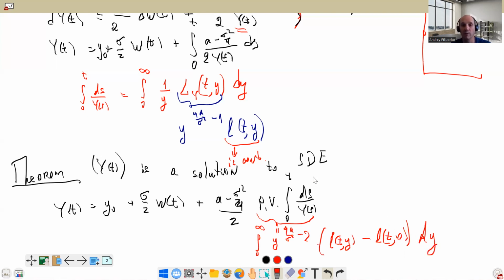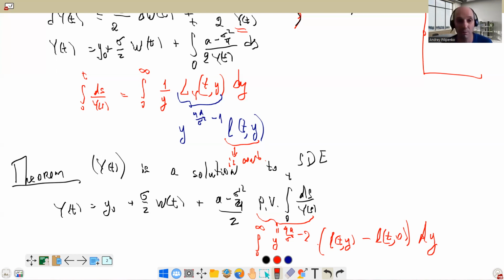And as I told you, it can be proved that there is a modification of this L, which is continuous in t and y, and is continuous at 0 too. So there is a version of this function which is continuous at 0. So if you subtract this term, then this integral is absolutely convergent. It appears that this integral is absolutely convergent, and the Bessel process is a solution to this equation.